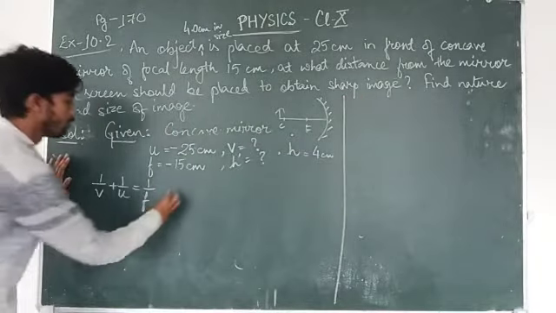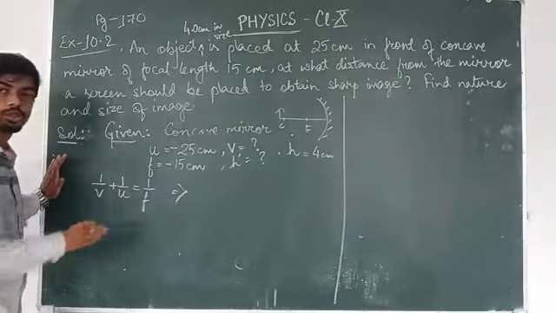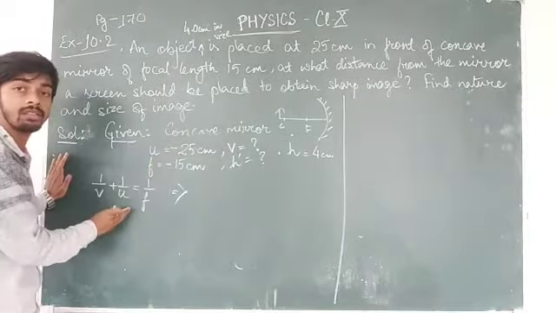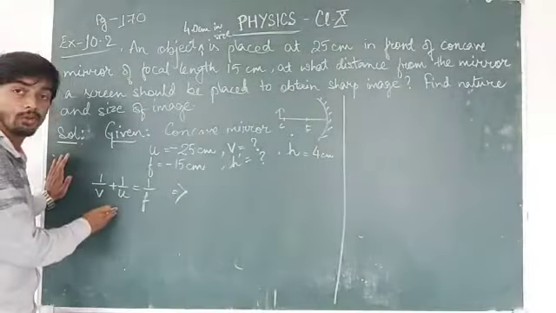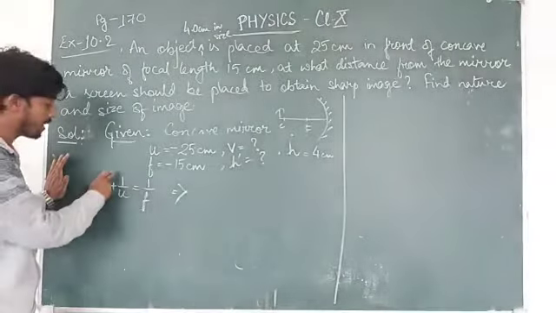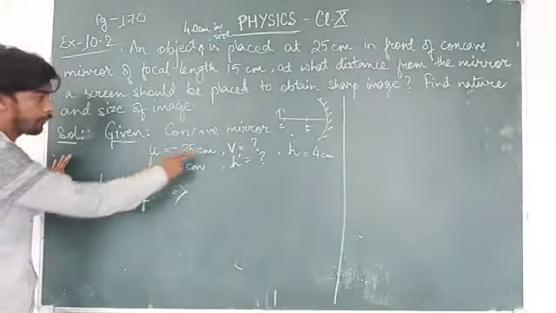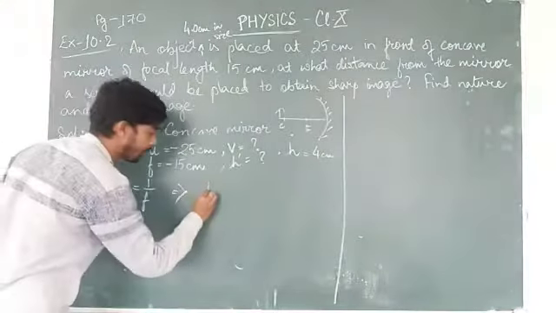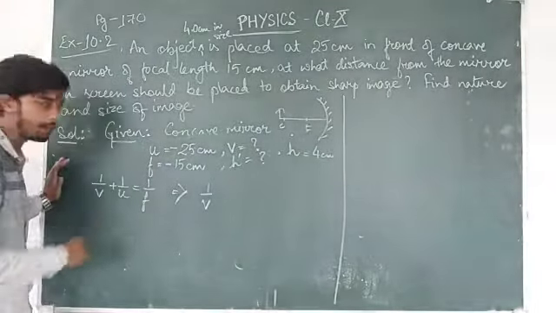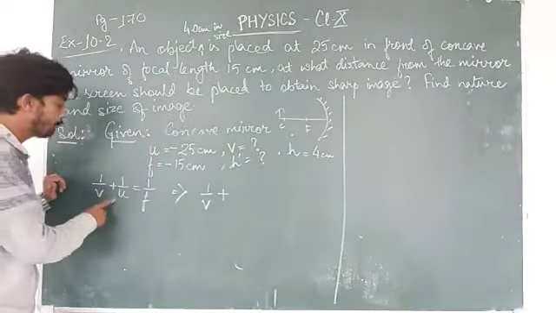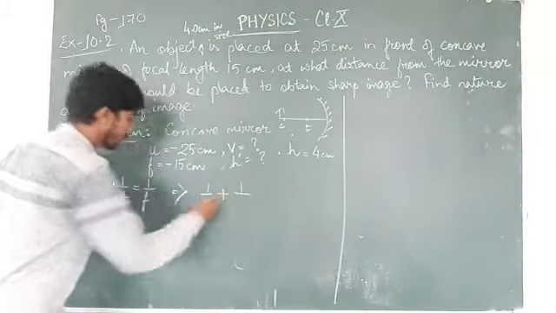So I am doing it here. First see how we will plug all the given information into the formula. 1/v + 1/u = 1/f. We have to find v. We don't know the value of v, so leave it as 1/v. Then we have a plus, then 1/u.